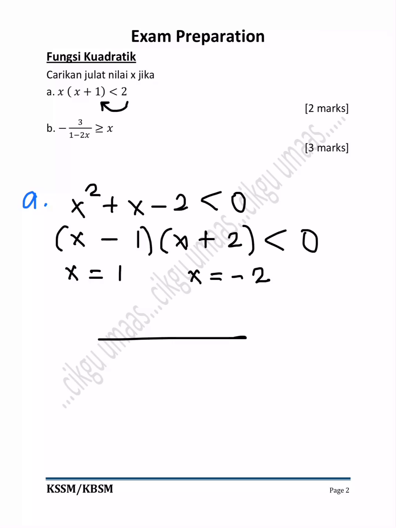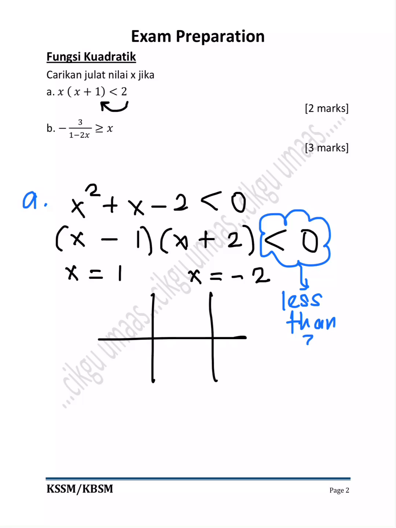So straight away, I bring the bar and I look at the place where they want me to find the range. All of us know this very well. Ini dikenali sebagai kawasan kurang dari kosong, less than 0. So less than 0 definitely should be kawasan di antara.